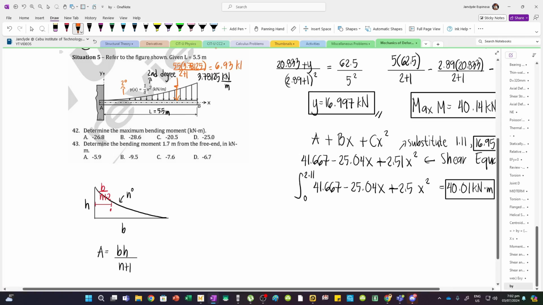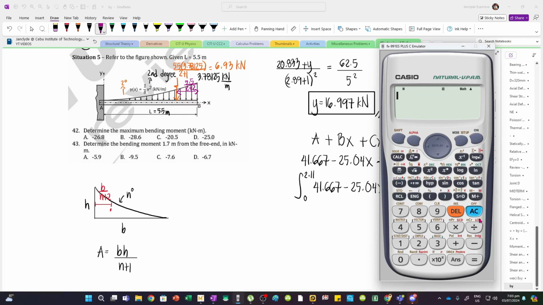Now again, the centroid measured from the height is b over n plus 2. The base is 5.5, and so this distance is going to be 5.5 over n plus 2. The degree is second degree, so 2 plus 2.